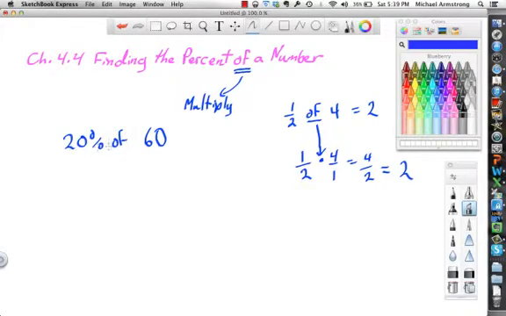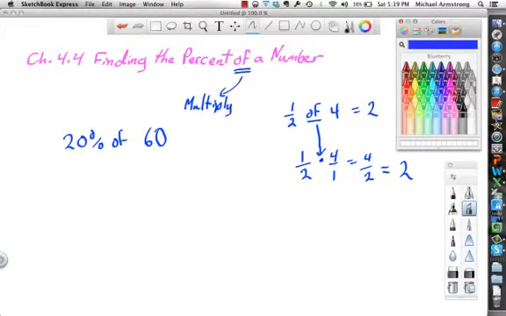We might say, what's 20% of 60? And we write 20% either as a fraction or as a decimal. And we change the "of" to times. So method 1 would be using a fraction, and method 2 might be using a decimal, and we'll see what happens with both.